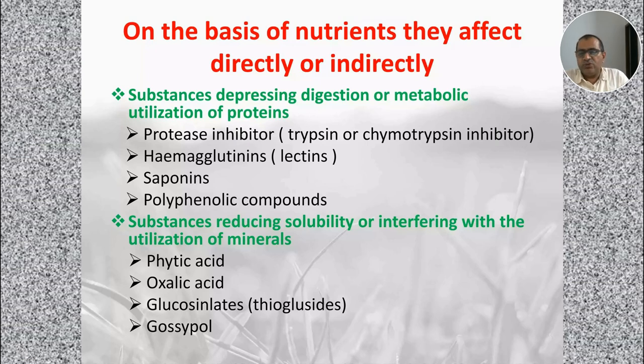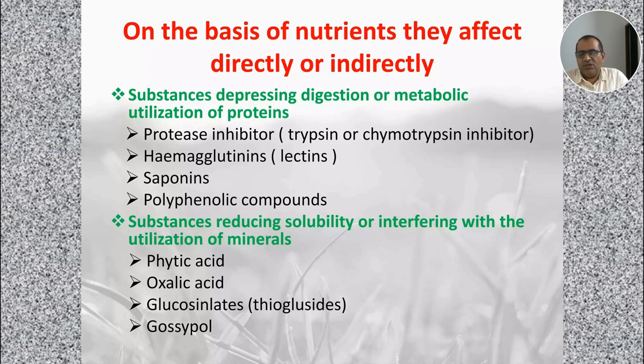They are also known as anti-nutritional factors, and some of these which depress the digestion or metabolic utilization of proteins are also polyphenolic compounds. Polyphenolic compounds are natural or exogenously derived substances which inhibit the utilization of proteins in the animal body.